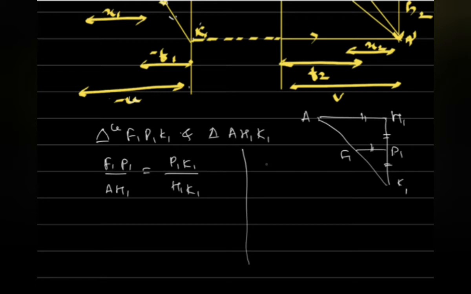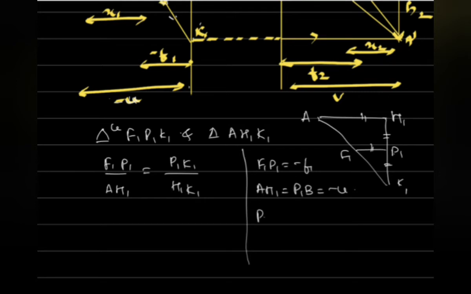So therefore what is the F1 P1? F1 P1 in the diagram I have given, that is nothing but the minus F1. Similarly, what is the A H1 equal to? A H1 is nothing but P1 B, which is minus U. It is the object distance.